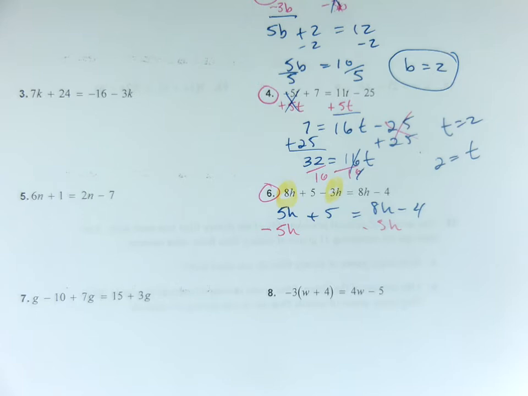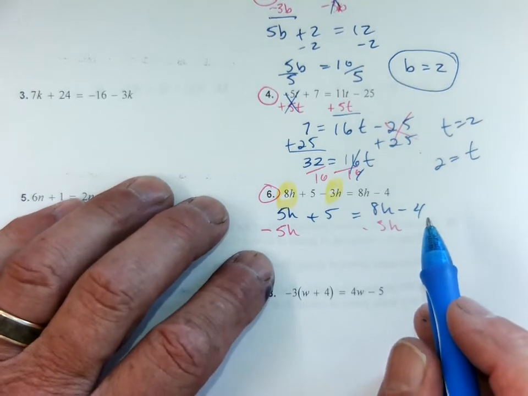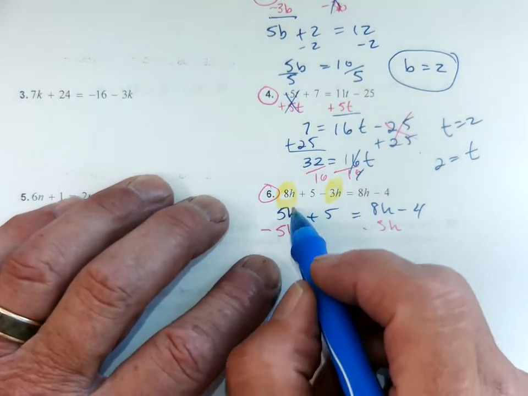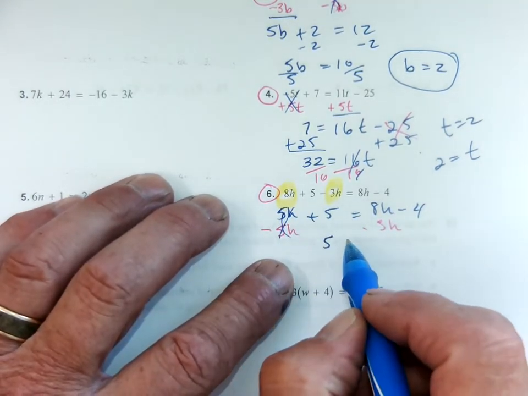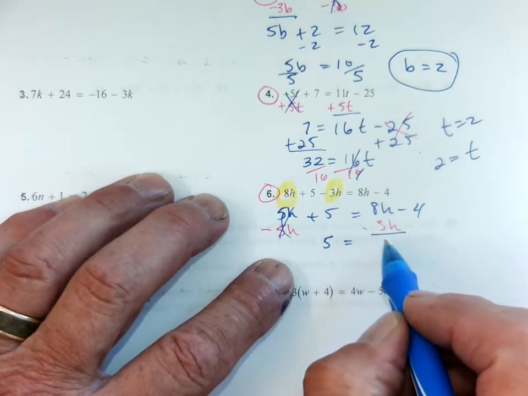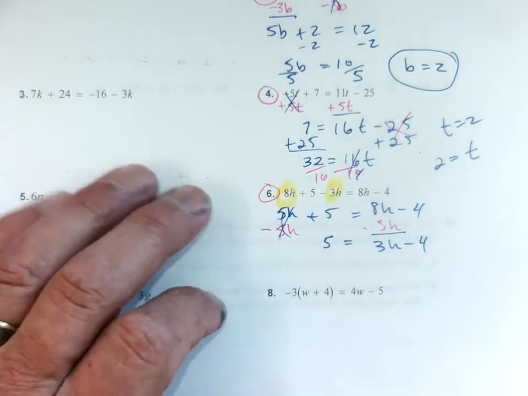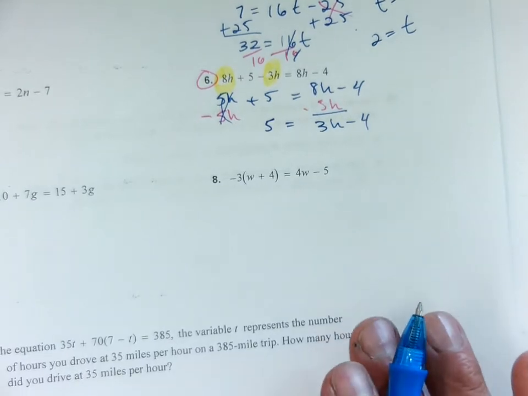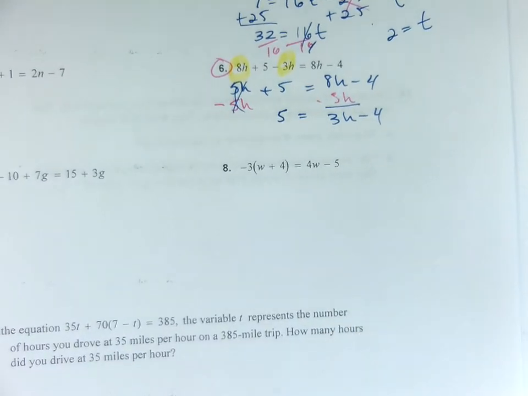Minus 5 would work, but it's just going to make it a little bit more difficult, okay? Your process was correct. So then the h's are gone. I get 5 equals 3h minus 4, okay? Later on, I'm going to show you why your method would have been a little bit harder.